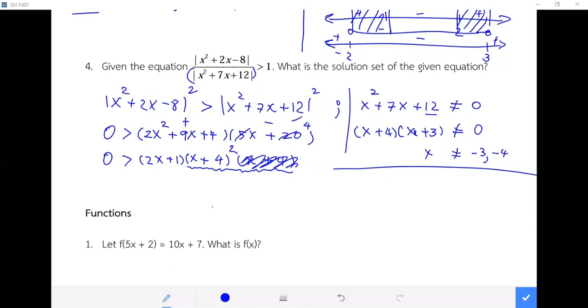And remember, if you still remember, when you have x plus 4 squared like this, it is of course never negative. This is never negative. And can it be 0? This one can be 0 if your x is negative 4. But you already said that your x is not going to be negative 4. So this one is never negative, never 0, 100% positive.